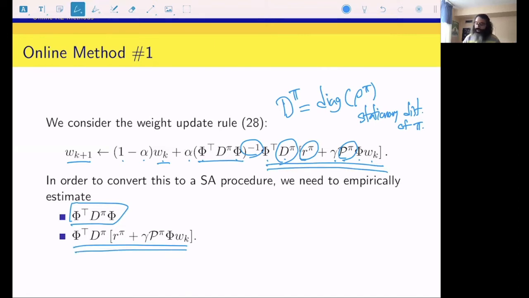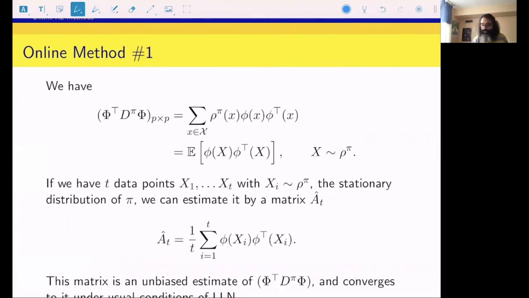If you estimate these online, then everything should be fine, and we can do computations online. Is this clear? Any question? Okay, so this is the first method.